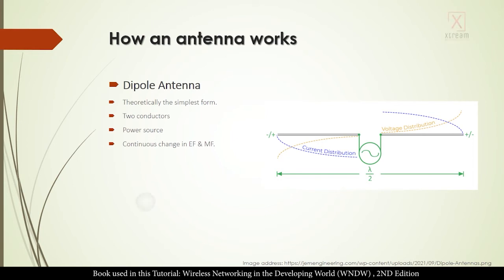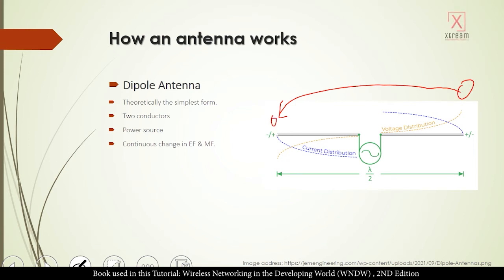When the electrical source supplies power to the dipole antenna, at one stage the current will start to flow from one point to another. Let's say in this case the current starts to flow from this point to this point.